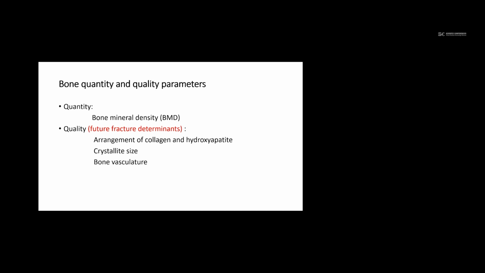That is what we have deduced from our study. And the third, which we have not deduced, but is again one thing, is bone vasculature. Whenever we talk of healthy bone, bone vasculature is one important parameter which comes into play. So these three are the parameters which can be future fracture determinants, and they are the bone quality parameters apart from bone mineral density.